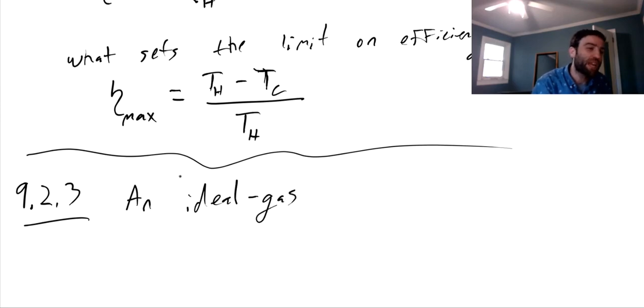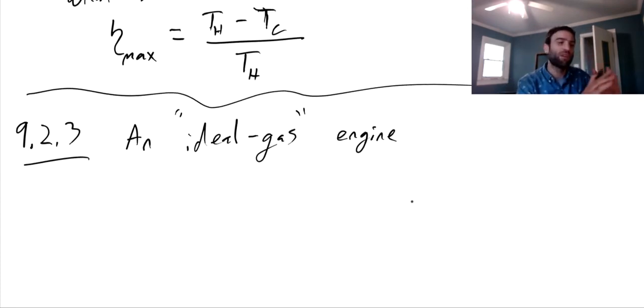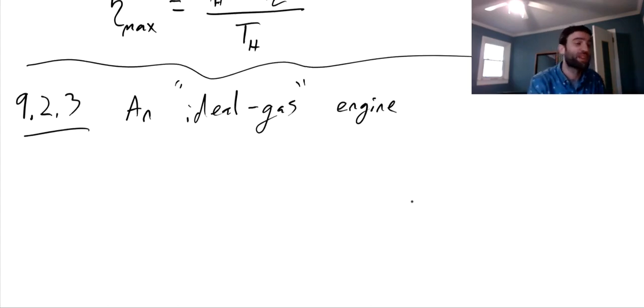And just so that we have some equations that we can occasionally work with to help us understand what's going on, I'm going to pretend that this is a bunch of ideal gas inside a piston. Okay? That's just going to help us make things concrete, but a real gas engine will work the same way.